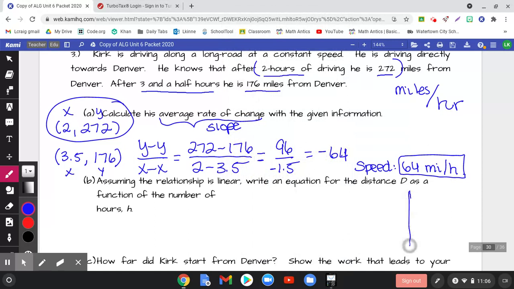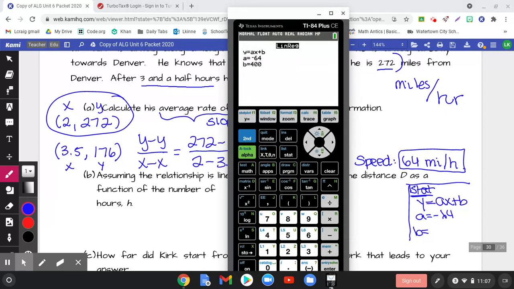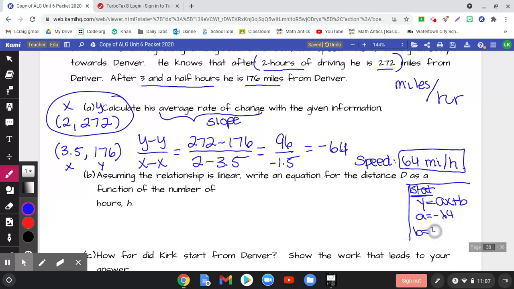Let's kind of write it over here. So when we went to Stat, we got this, and this is perfectly acceptable. So rather than going through all of this, you can use this method. So it was negative 64, and I think it was 400. Let's just double check. Yep, 400.